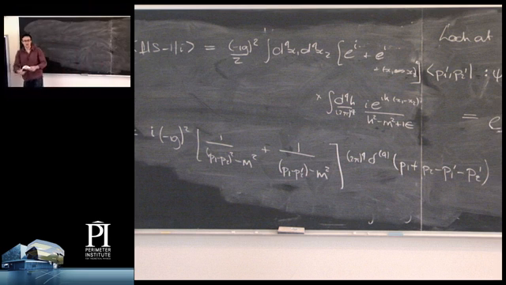Just to elaborate on Tibra's point, which I should have done before I rubbed this off, the denominators here are never singular. They look as if they have a possibility because it's something like p squared minus m squared. But if you figure out what p's are kinematically allowed from these particles coming in, you'll see that it never diverges. However, typically if you do particle-antiparticle scattering, then you do see a divergence in the denominator.